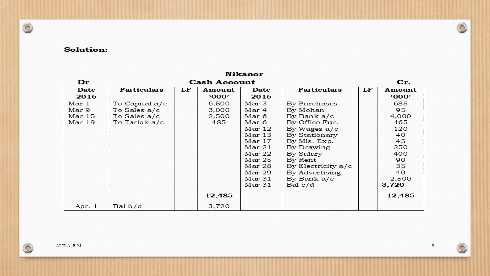And on March 12th, we pay wages 120,000. On the 13th, we pay stationery 40,000. On the 17th, miscellaneous expenses 45,000. And on the 15th, also we made a sale of 2,500,000.